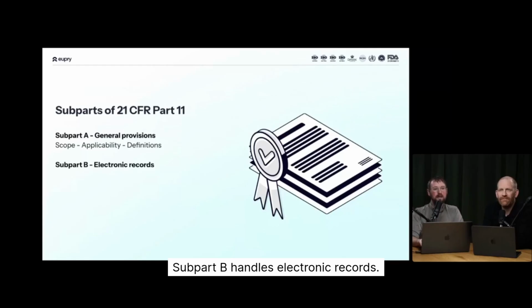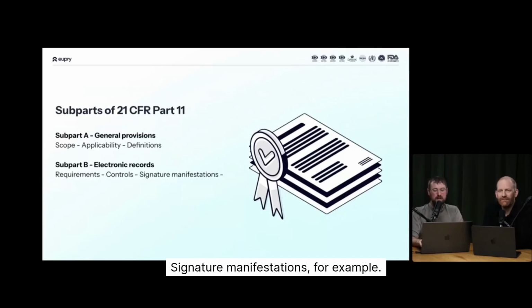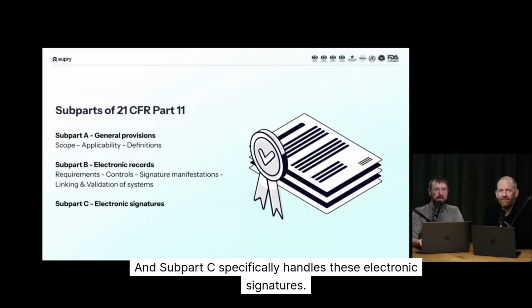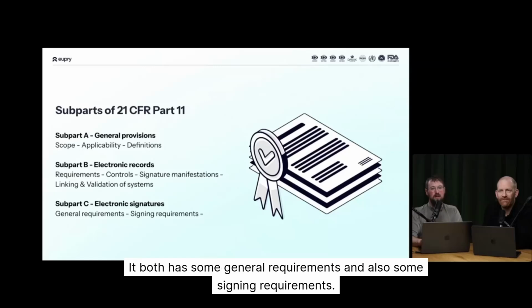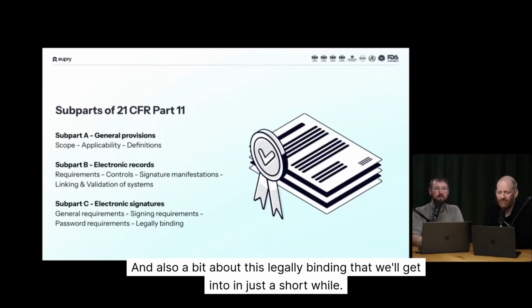Subpart B handles electronic records, so what the requirements and controls are, signature manifestations, for example. It also covers linking signatures to records and the validation of the systems we're working with. And Subpart C specifically handles electronic signatures. It has some general requirements and also some signing requirements, the different requirements for passwords, and also a bit about being legally binding that we'll get into in a short while.